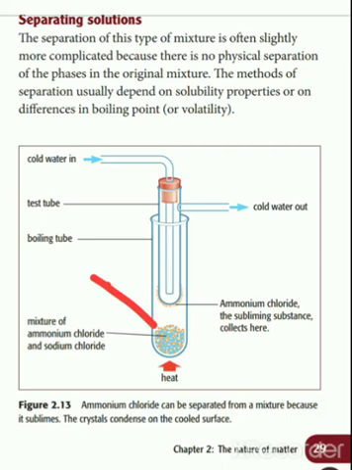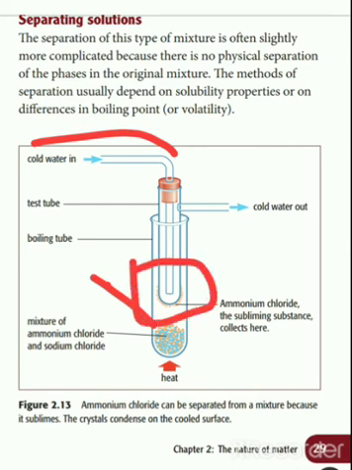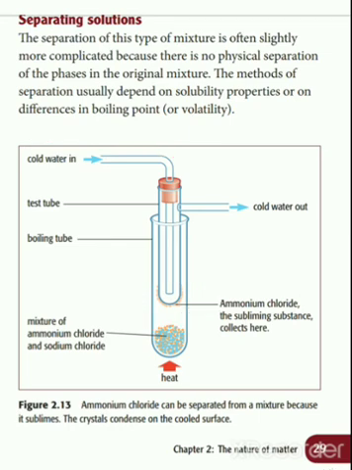We provide it with heat, but from above we condense it. As soon as we condense it from above while it is heated from below, it converts directly into vapors and sublimes. That is how all the particles of ammonium chloride attach to this particular condensation tube, and we are left with sodium chloride.